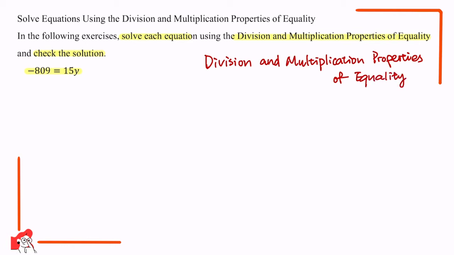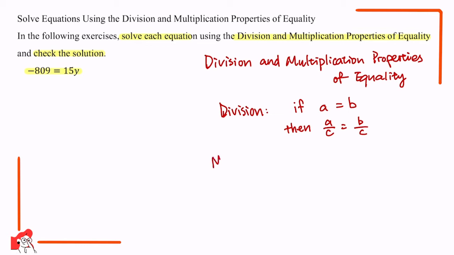The properties are actually divided into two parts. So the first part is division. So the division property states that if we have A equals B, then A divided by C equals B divided by C.